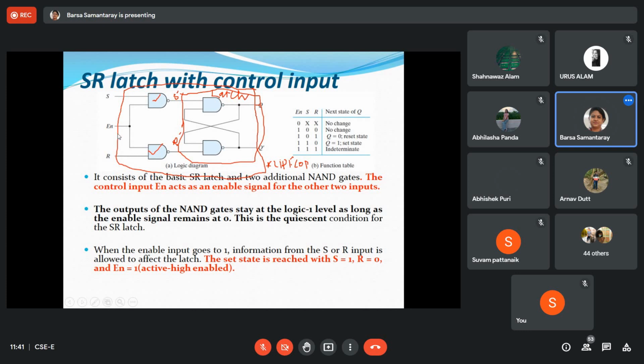Okay. So in this case, the first condition is that when the enable is 0 and S is the next state of Q. So what... अरे व्हाट यू जस्ट अज्यूम, टेल मी, क्या मतलब समझ रहे हो? बोलो. नेक्स्ट स्टेट ऑफ क्यू. प्रेजेंट स्टेट, नेक्स्ट स्टेट, आई हैव एक्सप्लेन.